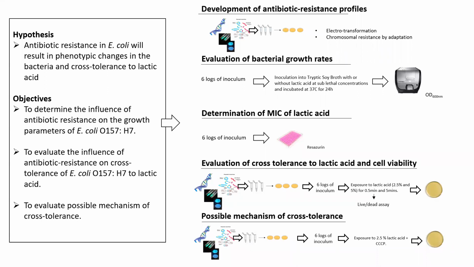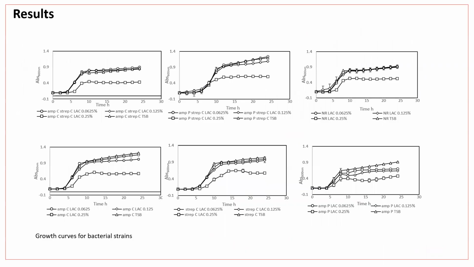So the theory was by blocking those efflux pumps, we wanted to evaluate if the bacteria still had the tolerance that we saw to lactic acid. And so we used CCCP, we blocked those efflux pumps, and we evaluated for survival in 2.5% lactic acid.